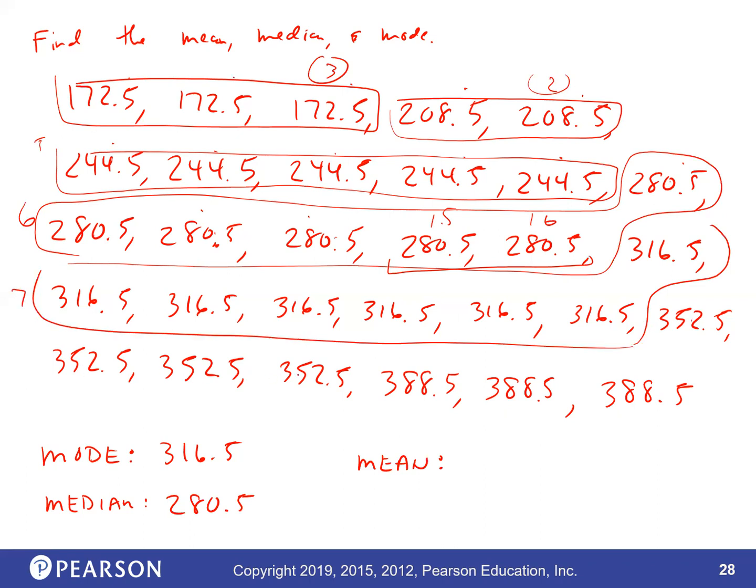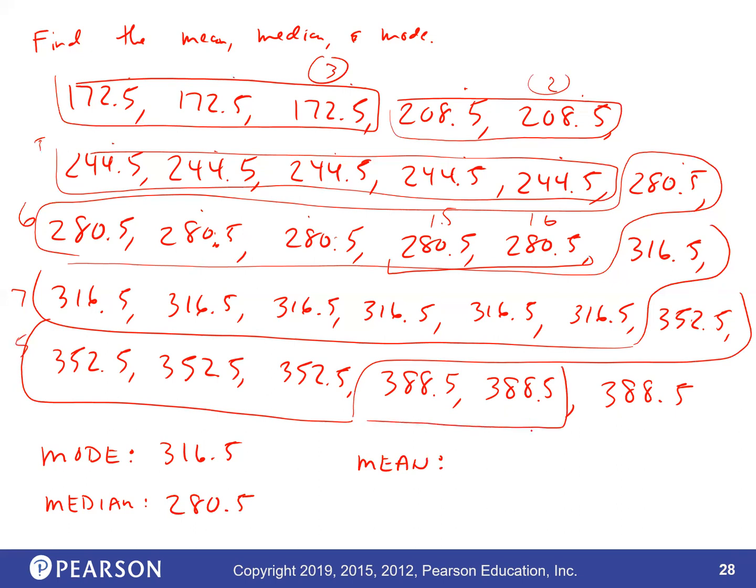On your calculator here, 352.5 times 5. 388.5 times 2. No, sorry, times 3, to finish it off. Hey, okay, was the multiplication a lot easier?